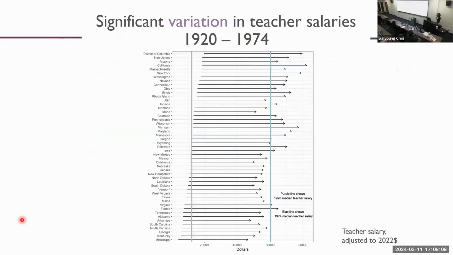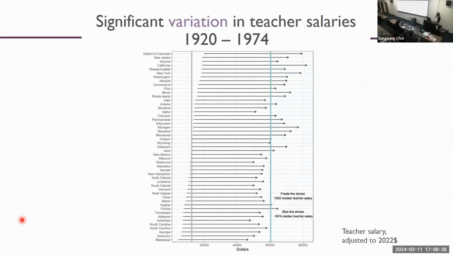And this is, again, just another visualization of how this varies across states. The same thing with the purple as the median in 1920 and the blue as the median in 1974. A lot more changes are happening in the middle and the top here.